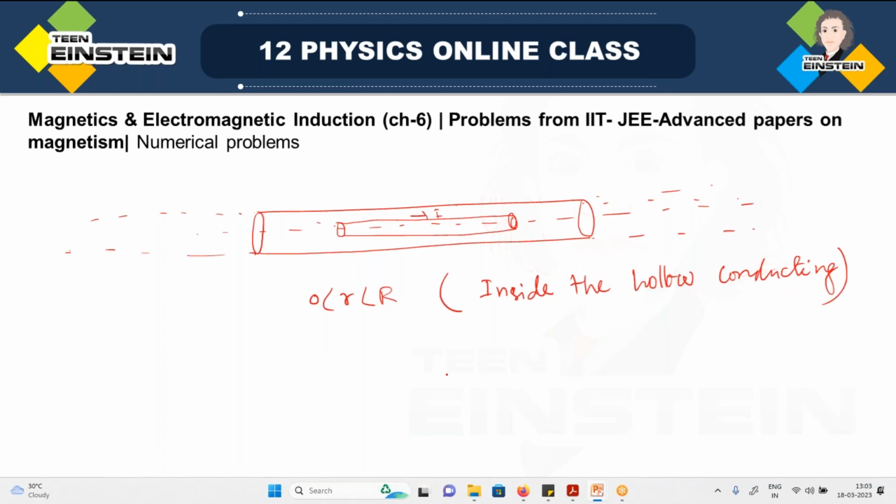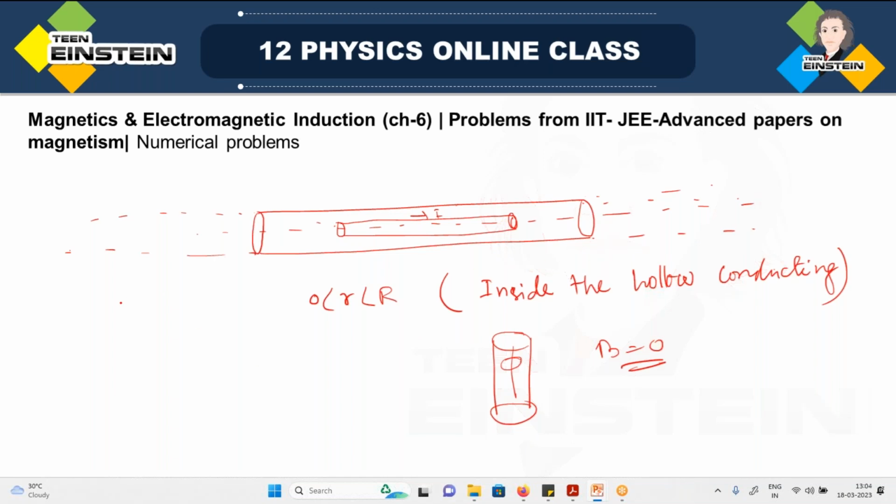First of all, you can apply Ampere's circuital law to calculate the magnetic field due to a wire. If it is an internal point and this is hollow, then we have seen that the magnetic field is 0. So inside this, due to the conductor, the magnetic field will be 0.